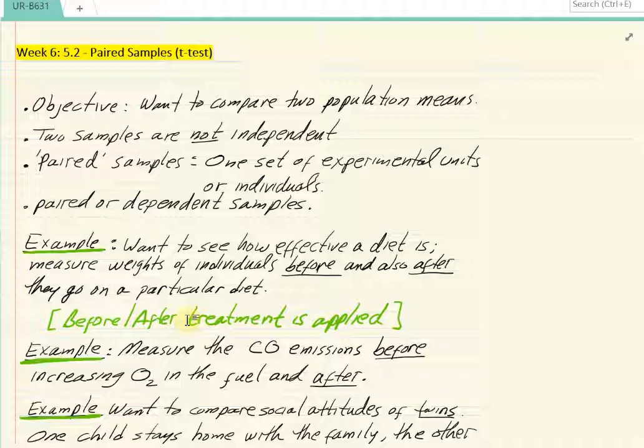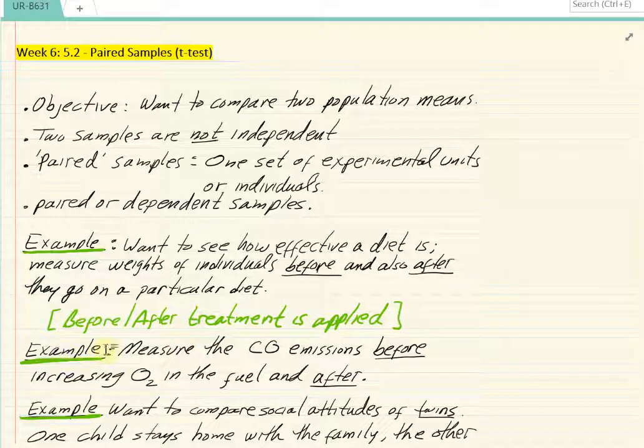And the idea of using the same experimental units, of course, is to remove the subject to subject variability. It wouldn't make sense to measure, for example, the weight of 10 individuals and then look at 10 other individuals that are comparable in weight, let's say, to them, and put that second group on a diet. It just wouldn't make sense to do that. Here's another example.